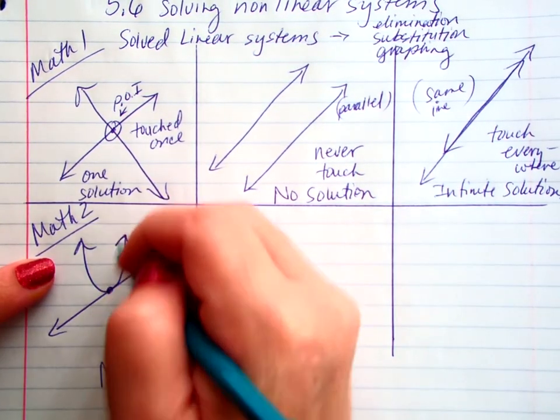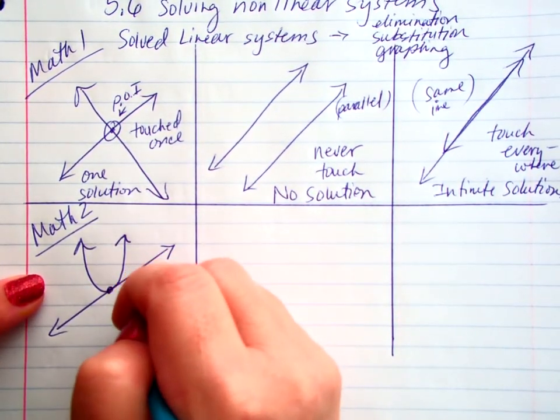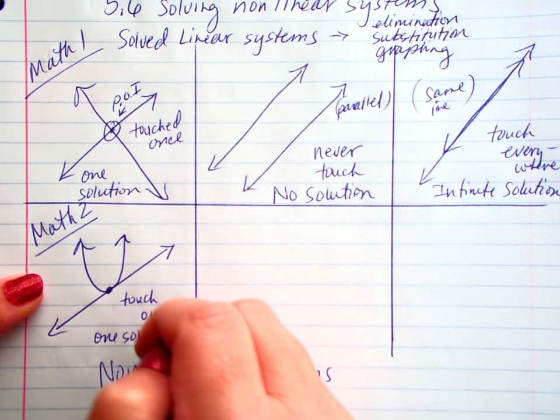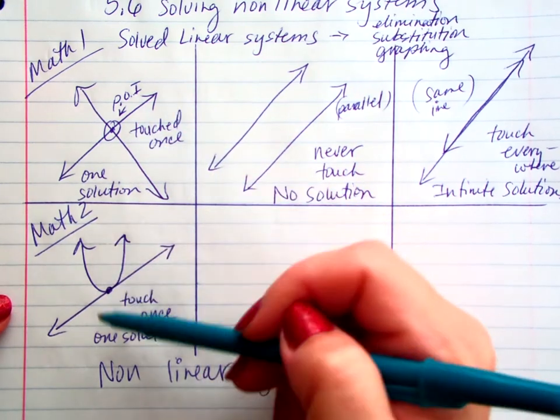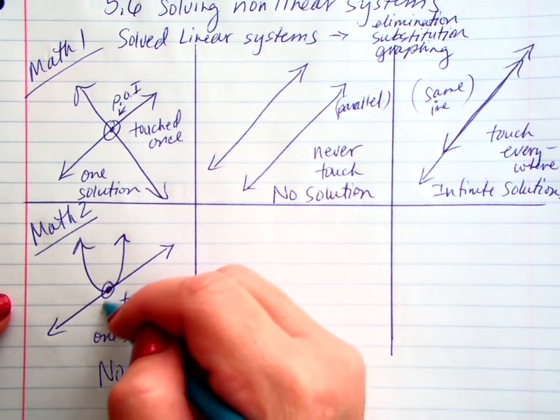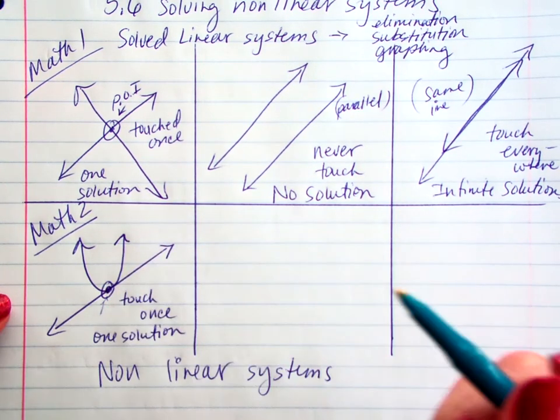If you have a parabola and a line that touches once, that is called one solution again. So just like last year, I'm going to give you a graph and ask, what's the solution to this nonlinear system? And you're going to go, oh, it's right there, that point of intersection.